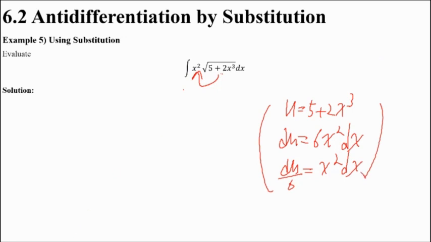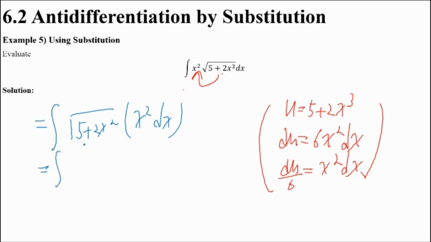So, maybe try a different color. Alright. Okay, so derivative. Make a match here: 5 plus 2x cubed and x squared dx, right? So 5 plus 2x cubed will be u, right?